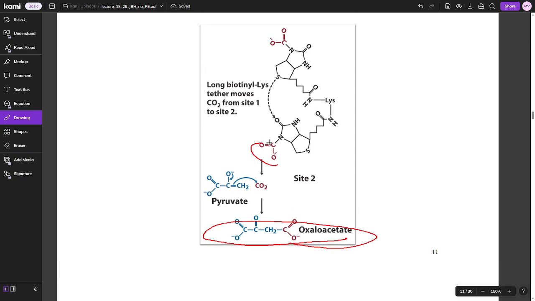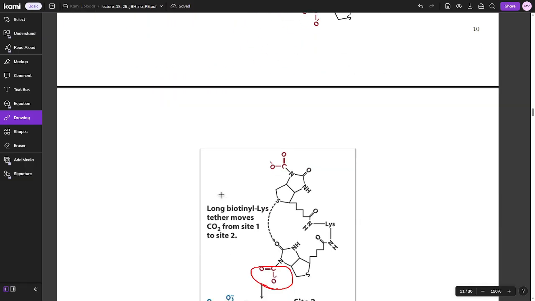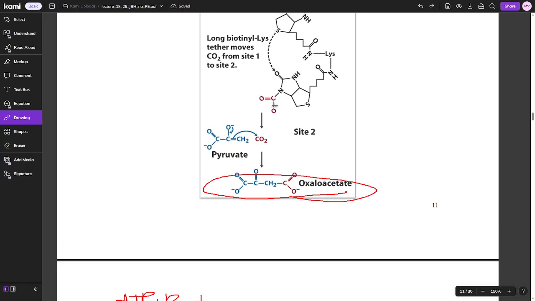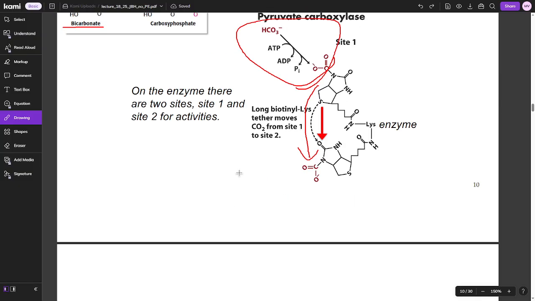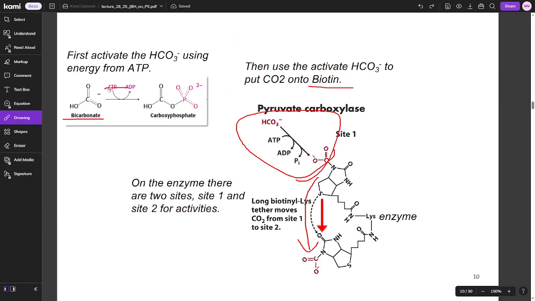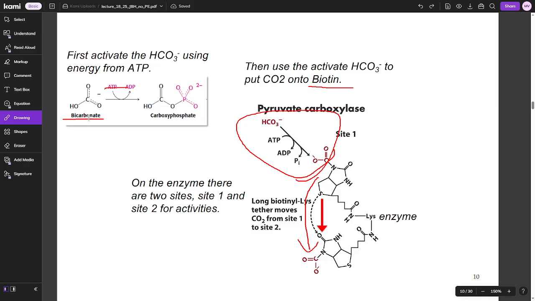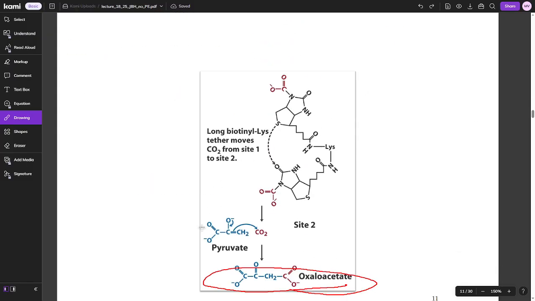That CO2, which formerly came from the bicarb, is then being added to this pyruvate to make oxaloacetate. That makes sense, right? So pyruvate, bicarb, ATP, and biotin are the main things you need for this reaction. You need the bicarb, you need the ATP, you need the biotin, and then you need the pyruvate.